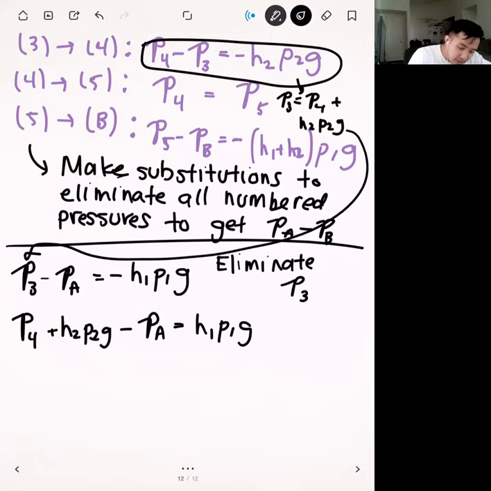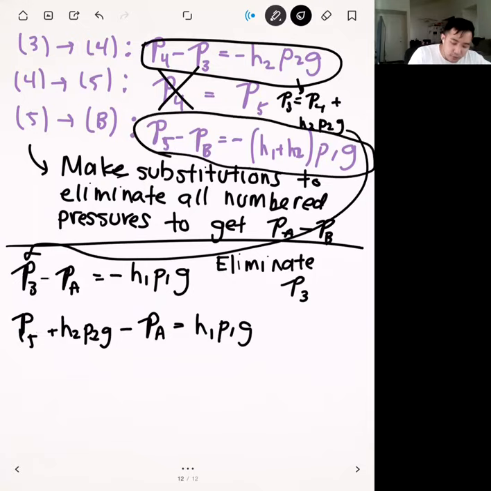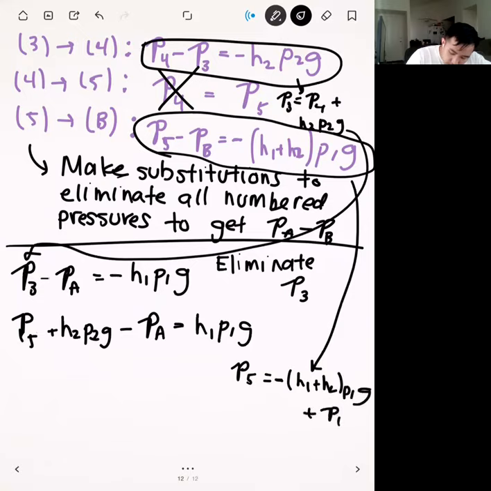From here, we can see that P4 is equal to P5, and so in this equation right here, we can just substitute in P5. And then finally, we're going to use this last equation to eliminate P5. If we solve this equation for P5, what we get is P5 is equal to minus (H1 plus H2) ρ1 G plus PB.